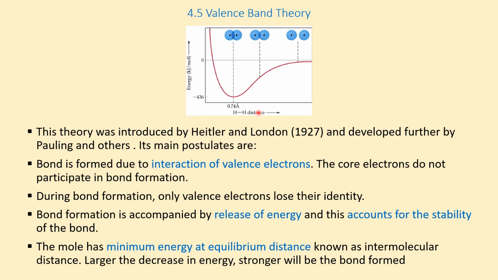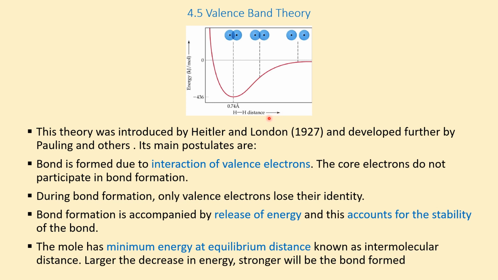So to recapitulate, I will explain this figure once again. The potential energy curve for the formation of hydrogen molecule as a function of internuclear distance. The internuclear distance is shown on the figure.